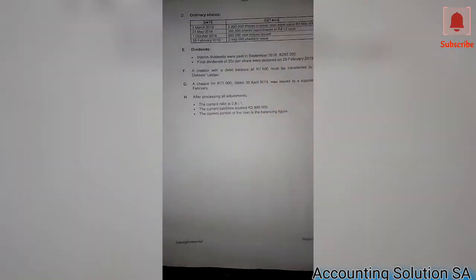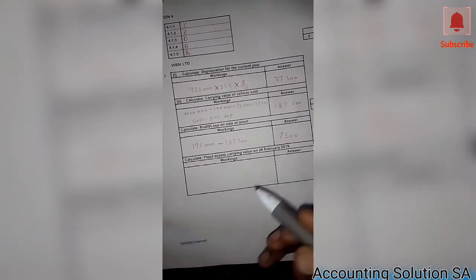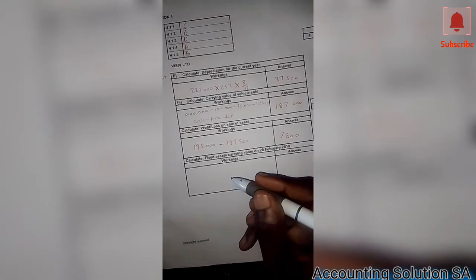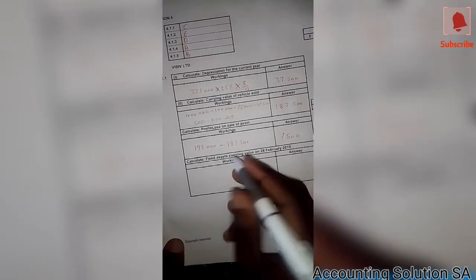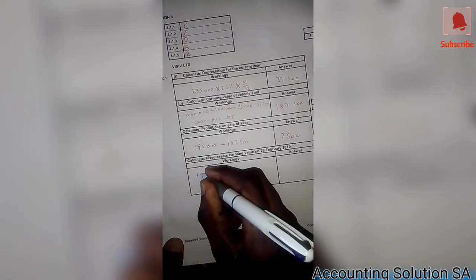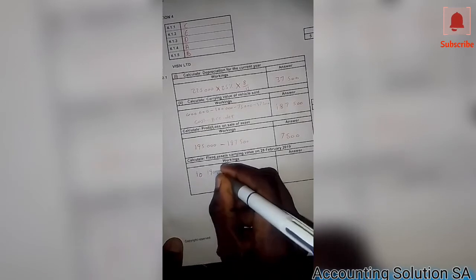Then let's start with our calculation. The carrying value which we were given is 10,190,000. That's where we have to start.